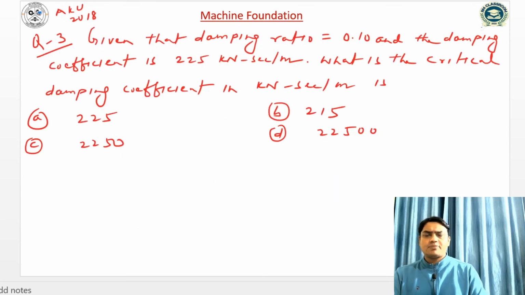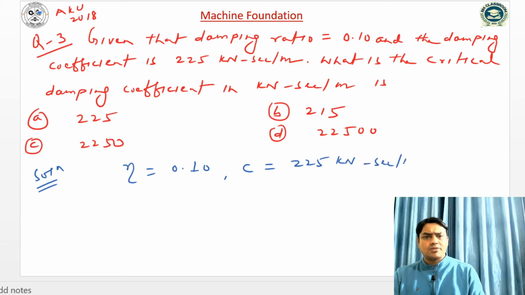Let us take another problem. Given that the damping ratio is 0.1, and the damping coefficient is 225 kilonewton second per meter. So what is the critical damping? This is a very easy question.